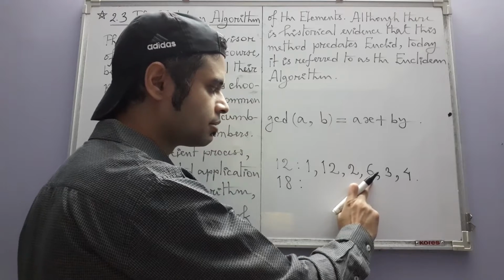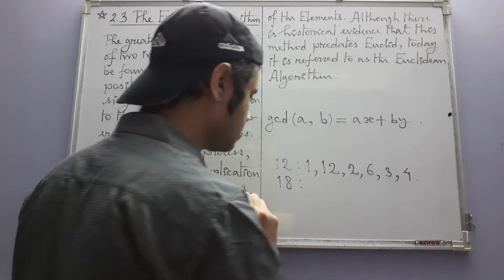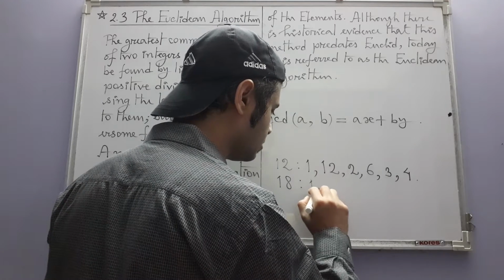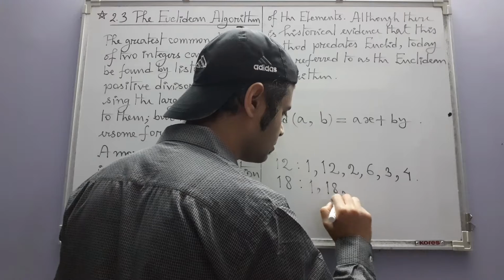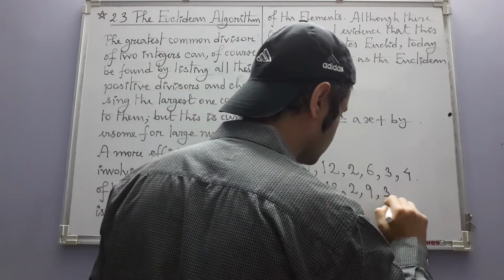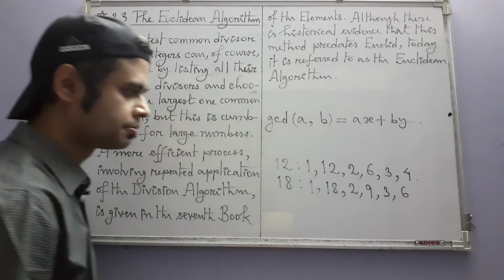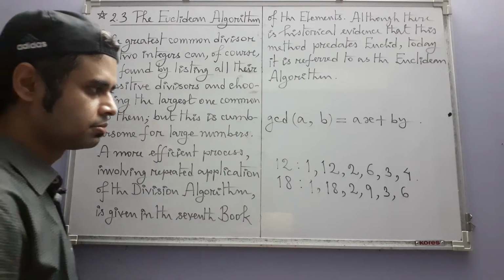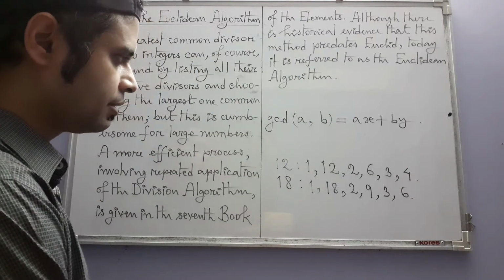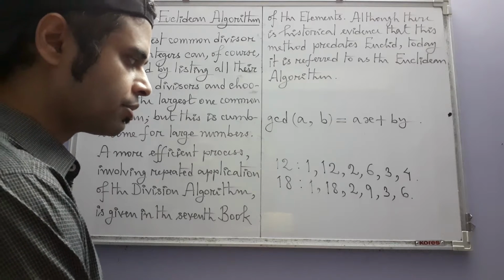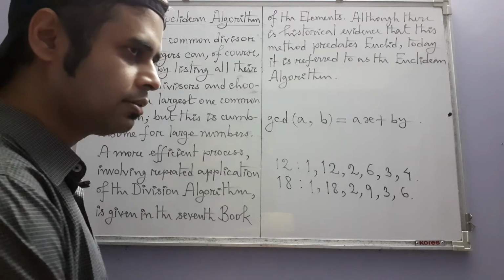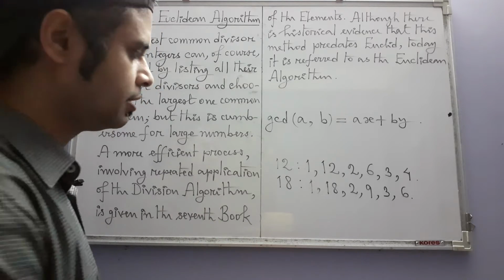You get 6 and then 12. Just like that, if we list all the positive divisors of 18, we get 1, 18, then 2, 9, 3, 6, and that's just it, because after 7 and 8 we will go to 9 again. After 9 the next multiple is 18.